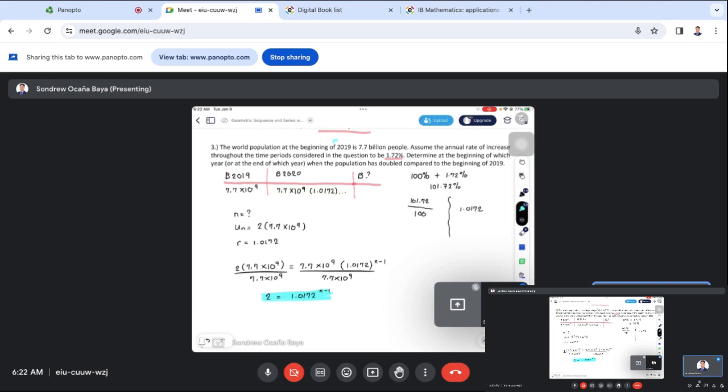And when we simplify it, we end up with this: 2 equals the rate, whatever the rate is, raised to the power of n minus 1. 2 is a number to describe doubled. That means if the question was at what particular year will the population be tripled, do you really have to do the entire thing? Pause this video, analyze, or discuss with your seatmate.